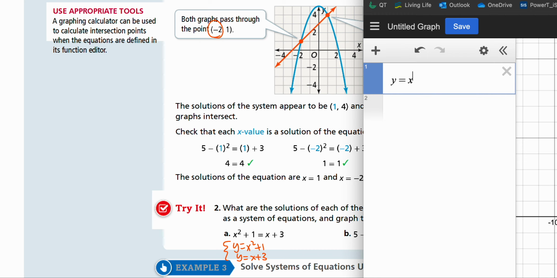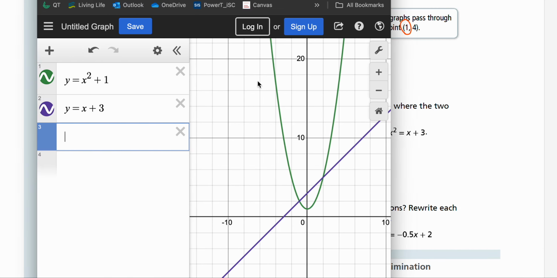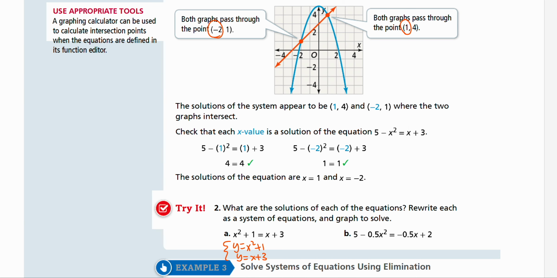And then we can easily see the two intersecting points, (-1, 2) and (2, 5). So these are 2 points where y values will be equal to each other, which means when x is -1 and when x is 2, they will be equal to each other. So x is equal to -1 and 2.